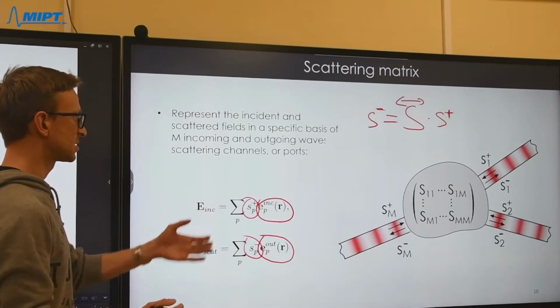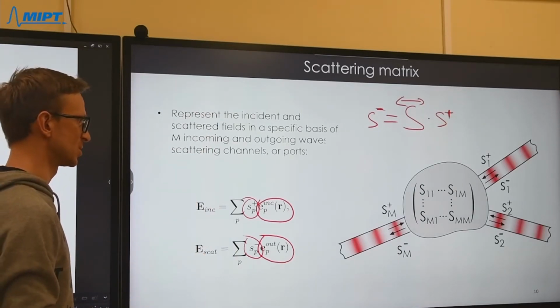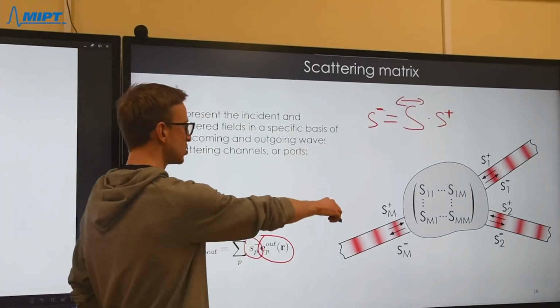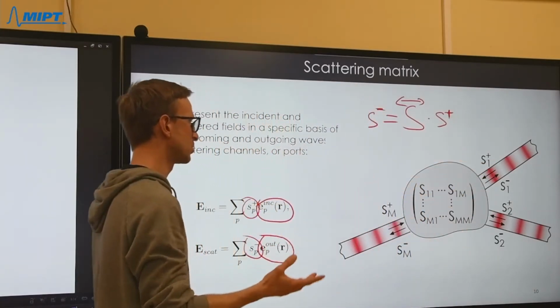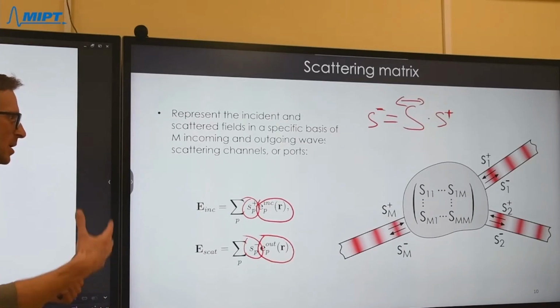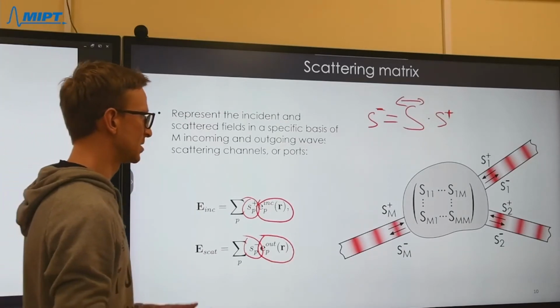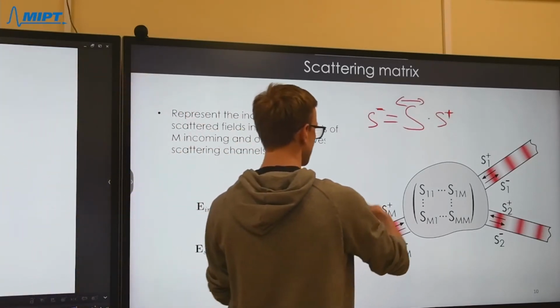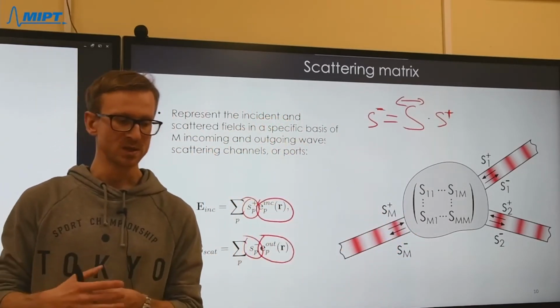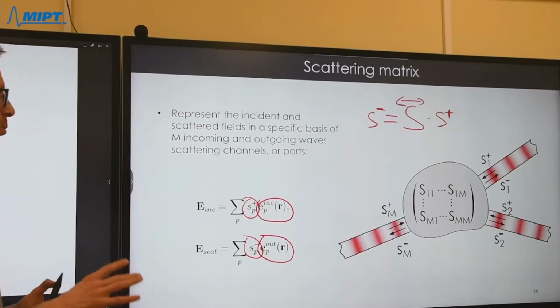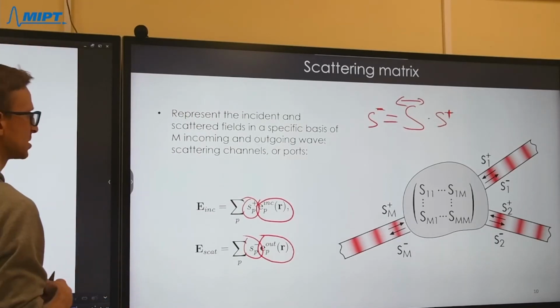And this is the graphical visualization of the scattering matrix. So we have a set of M channels that carry energy towards the system, and also the energy leaves the system via these channels in the opposite directions. And the object is some black box. Something happens inside this black box with incident radiation. We don't know what exactly yet, but something happens.